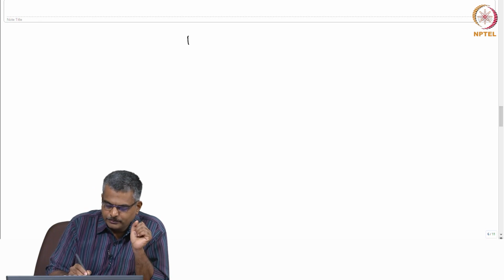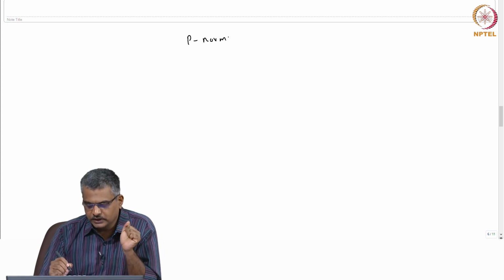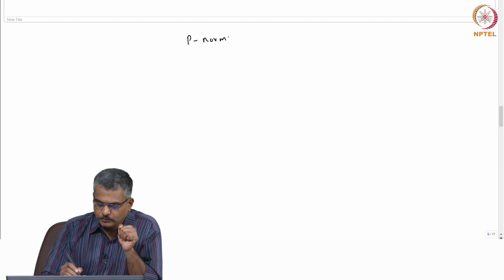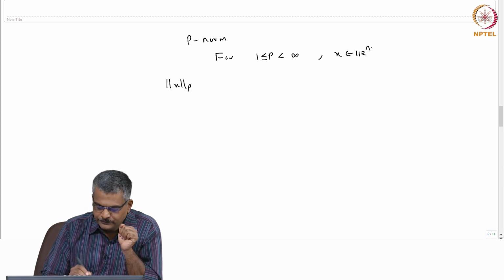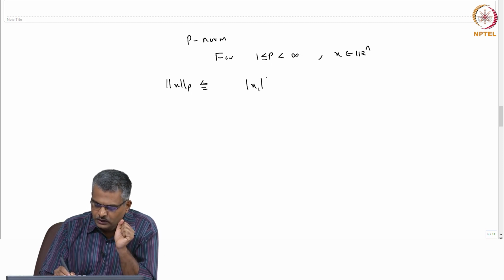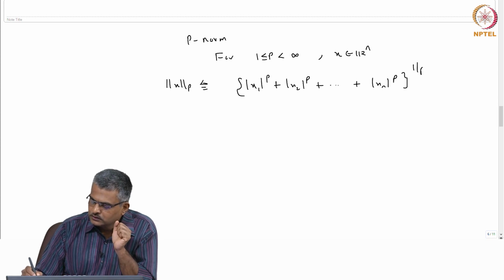There is something known as the P norm which generalizes the class of norms, and as a special case when p equal to 2 you have the Euclidean norm. For p greater than or equal to 1 but less than infinity you have the P norm. x is again a vector in Rn. Take the components, take the absolute value, raise it to the power p, and so on for all the components, and then take the pth root of the resulting expression.